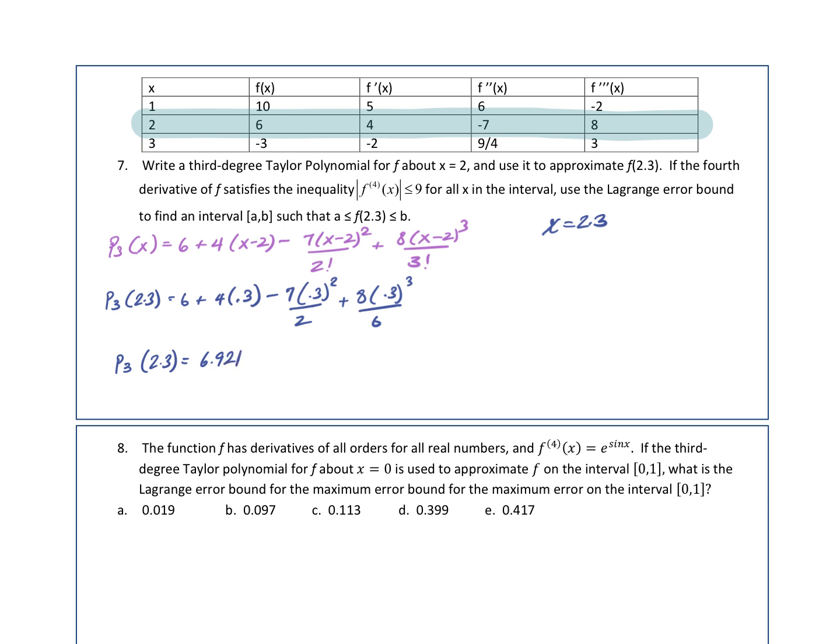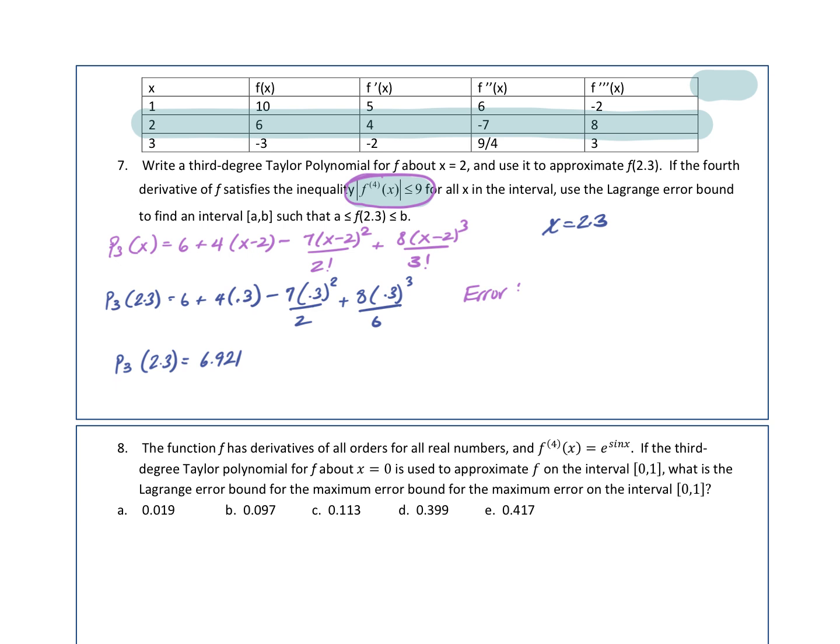So we're trying to figure out how far off this is. So we're going to do the error. Okay, so they're giving it to us. I was looking in the chart here for the fourth derivative, which they did not give us, but they gave it to us here. So they're saying that the maximum error of the fourth derivative is always less than or equal to 9.